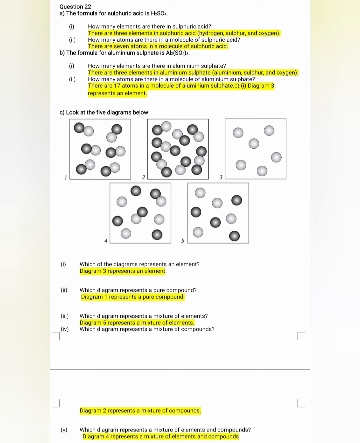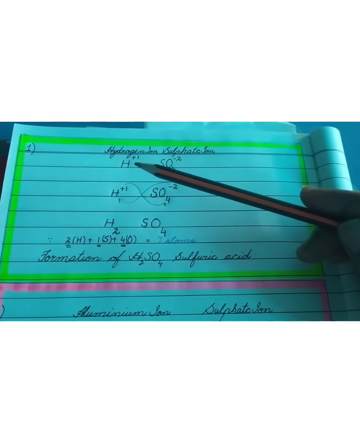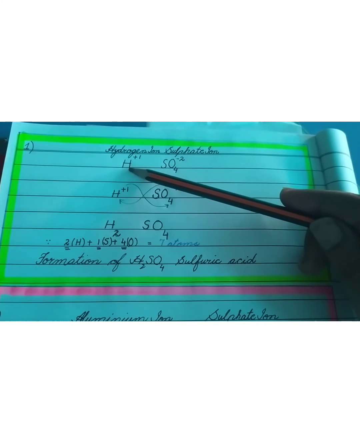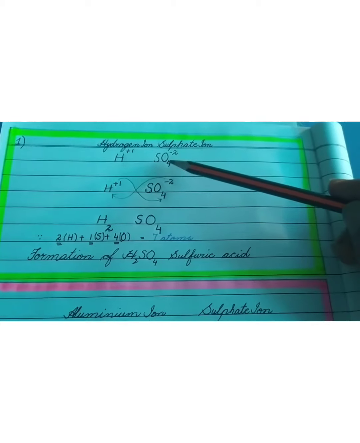Here comes the difficult part, aluminium sulfate. The H2SO4 was very simple. Al2(SO4)3 is a little different. Why I am telling you now. Okay, now here hydrogen has symbol H and its valency is +1.